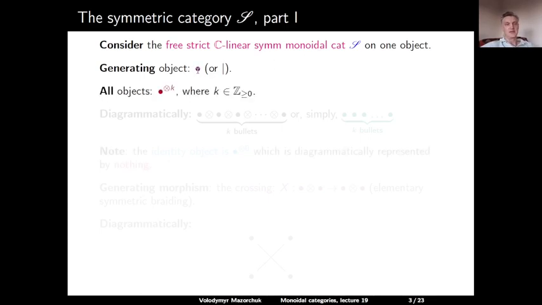So all objects of this category are exactly the tensor powers of the bullet, where the exponent of the power can be any non-negative integer.